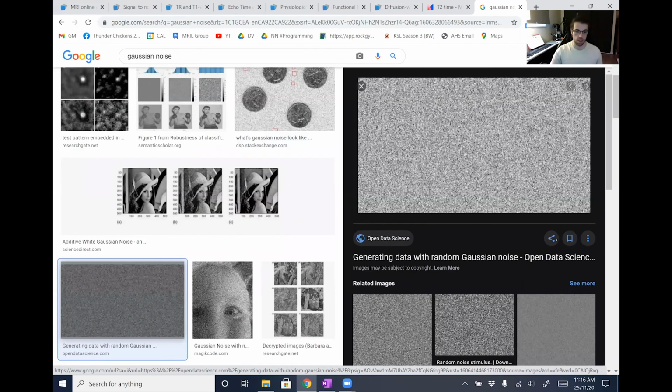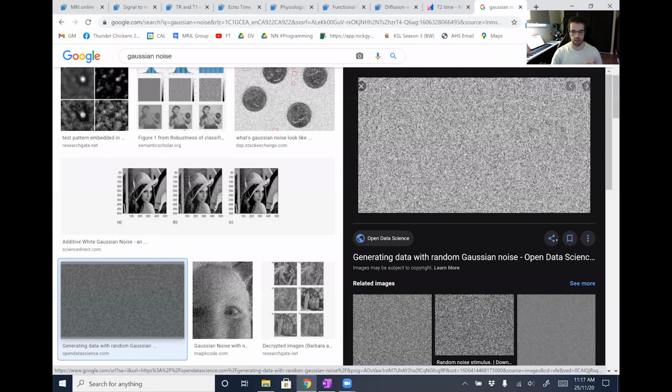If we look at this image of static you might see on your TV back in the day, there's an equal likelihood that any voxel in this image is going to be white or dark when we're considering MRI. In this case, I guess every voxel was black, and then the noise would have been added on top to make them lighter. But anyway, in MRI, it has an equal chance of either increasing or decreasing the intensity of signal in a voxel.